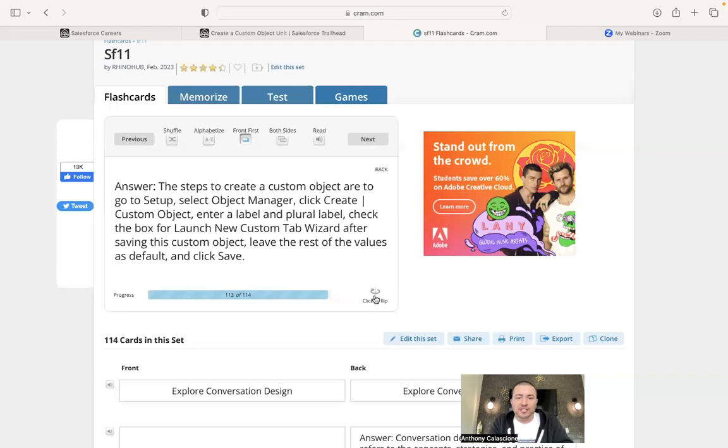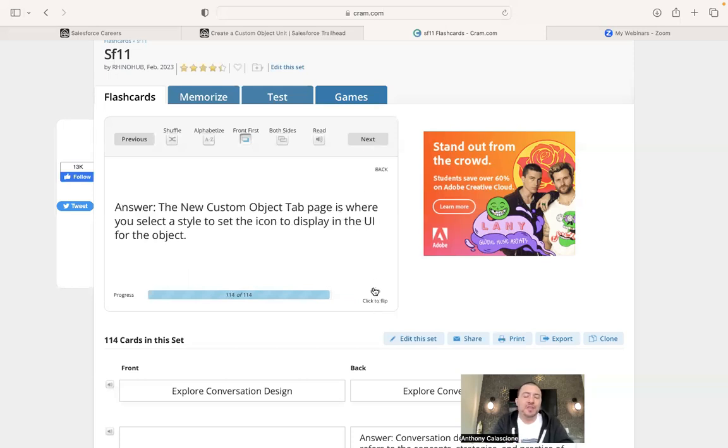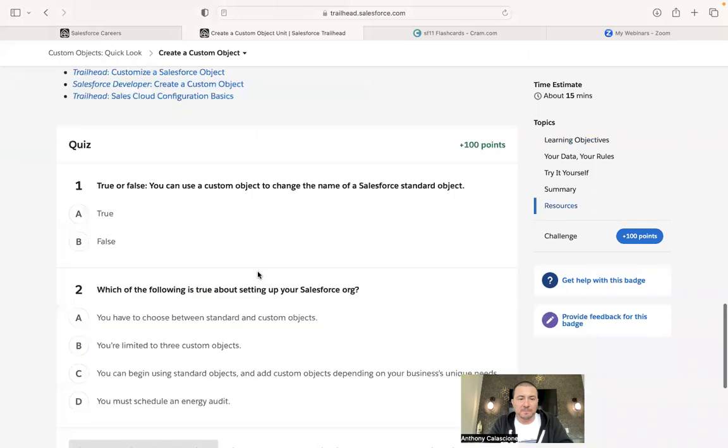The steps are to go to Setup, select Object Manager, click Create, Custom Object, enter a label in plural label, check the box for Launch New Custom Tab Wizard after saving this custom object, leave the rest of the values as default and click Save. What is the new custom object tab page? The new custom object tab page is where you select the style to set the icon to display in the UI for the object. All right, let's answer our last questions of the day.